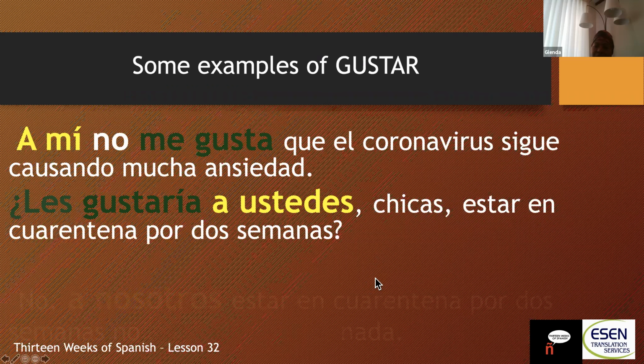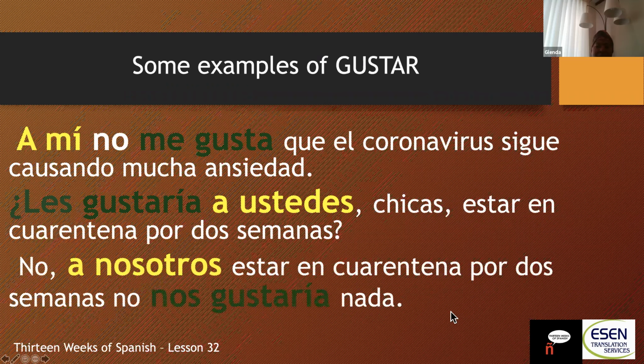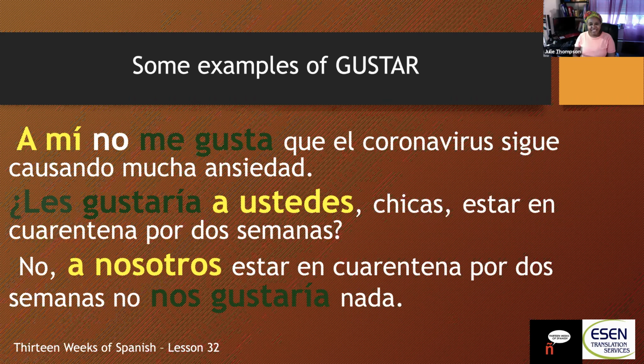So what's the answer? Please read this answer. No, a nosotros estar en cuarentena por 2 semanas no nos gustaría nada. There you go. So now if I'm asking las chicas, now the chicas are responding.